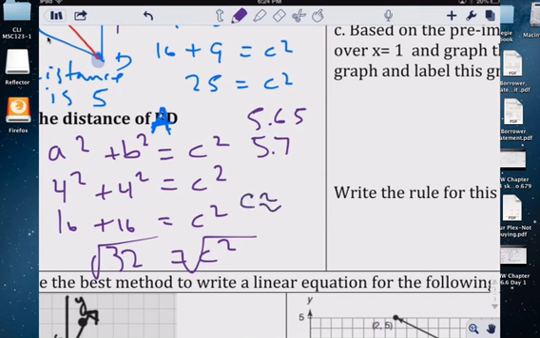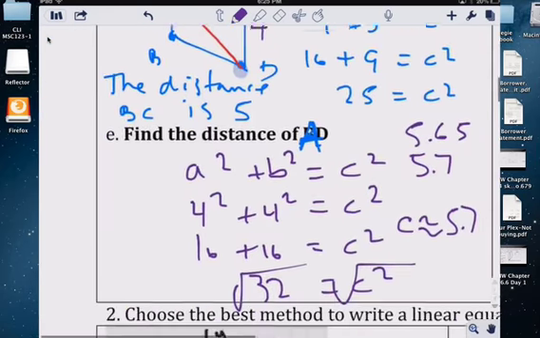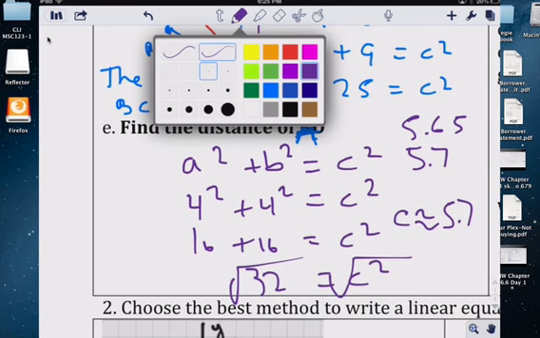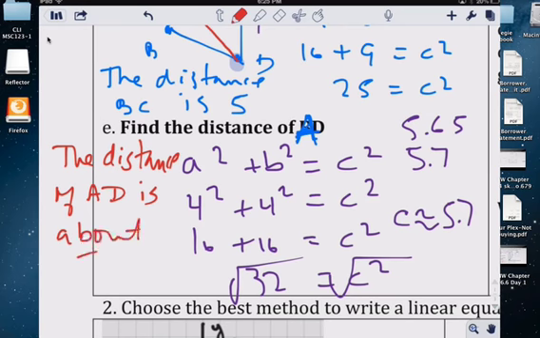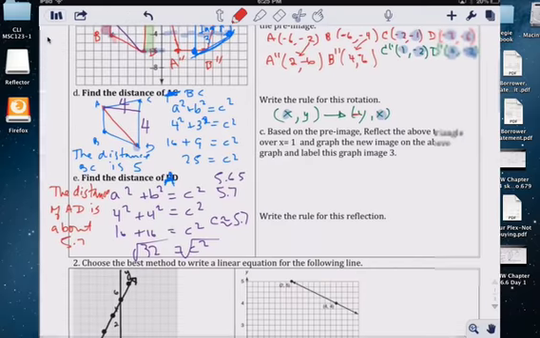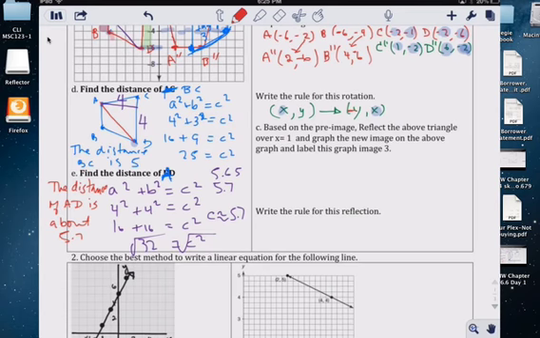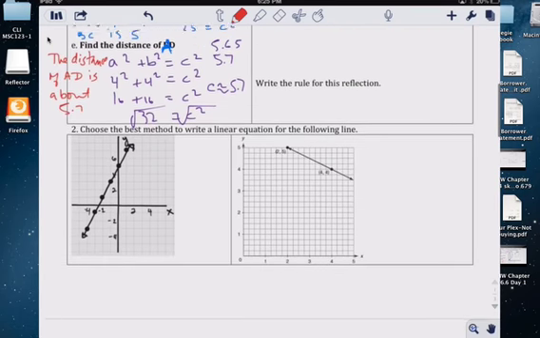C is about 5.7. So the distance of AD, write it in a sentence. The distance of AD is about 5.7. Okay? That's how you do that.